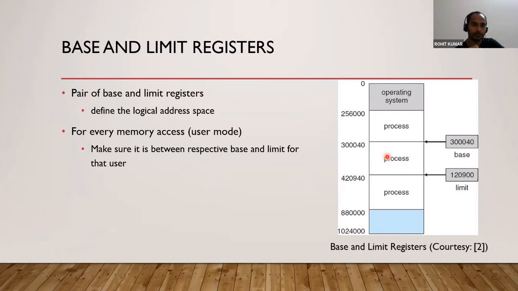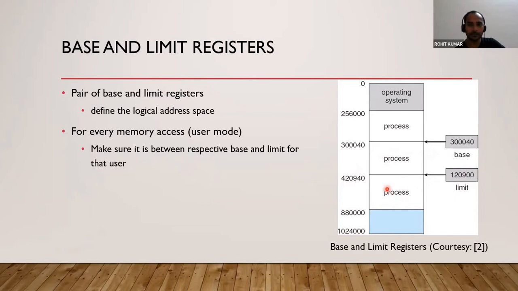Did you get what I speak? You can see here that if we add the limit register value with the base register value, then you can find the end location address of process P2's address space. It is P1, we assumed, it is P2, it is P3.